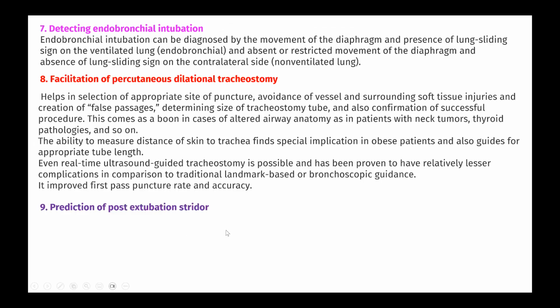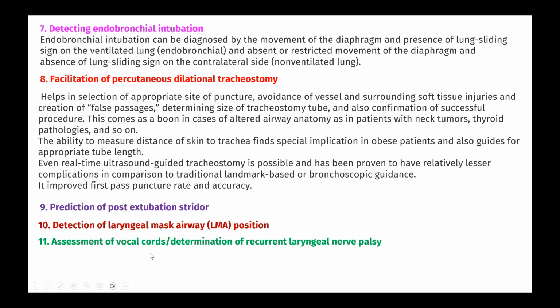And prediction of post-extubation stridor, detection of laryngeal mask airway position, that is also very useful. Assessment of vocal cords and determination of laryngeal injury after especially thyroid surgeries, you can use this. And especially for patients who are uncooperative for a laryngoscopy or FOB to assess the recurrent laryngeal nerve, you can use ultrasound.